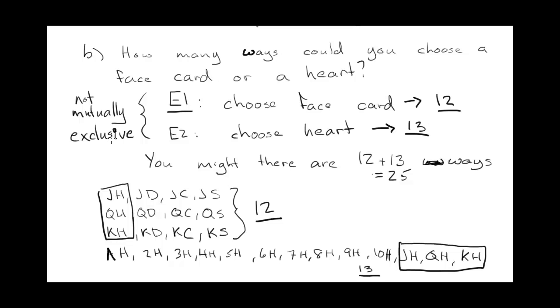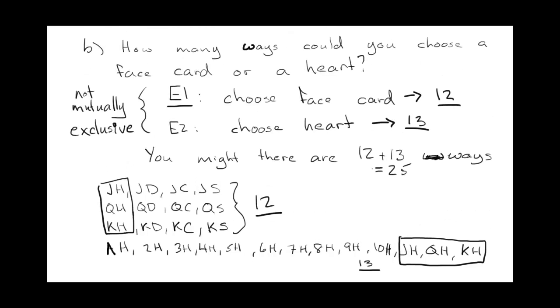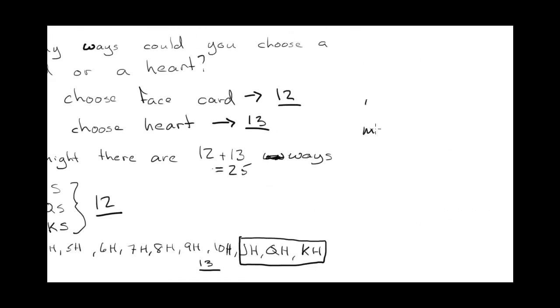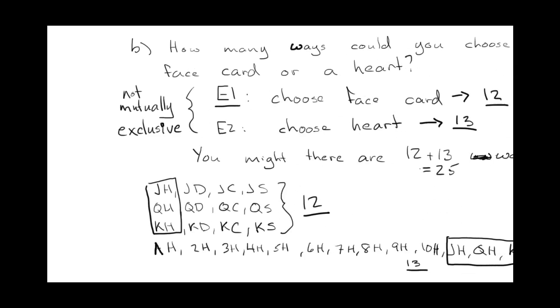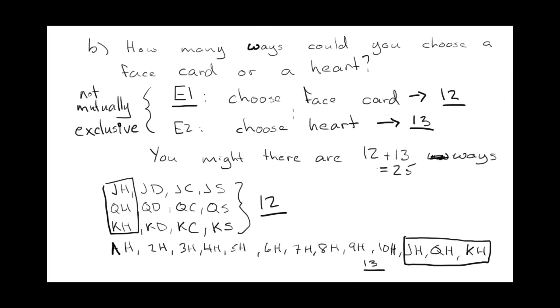So we haven't actually said what that meant, but hopefully this example kind of shows you what it means. Mutually exclusive means the events can't occur at the same time. In this example, when you choose a face card and a heart, these events could happen at the same time, right?